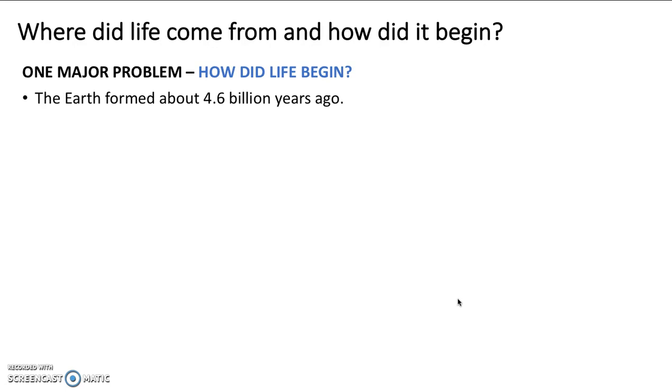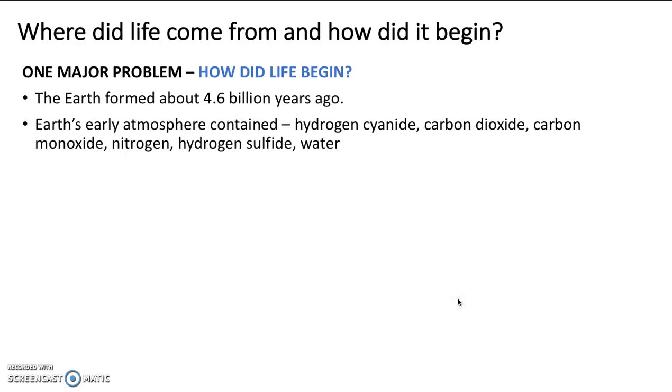The Earth was first formed about 4.6 billion years ago. It took until about 3.9 billion years ago for us to develop conditions that were suitable for any type of life to even develop. The early atmosphere contained things like hydrogen cyanide, carbon dioxide, and carbon monoxide.